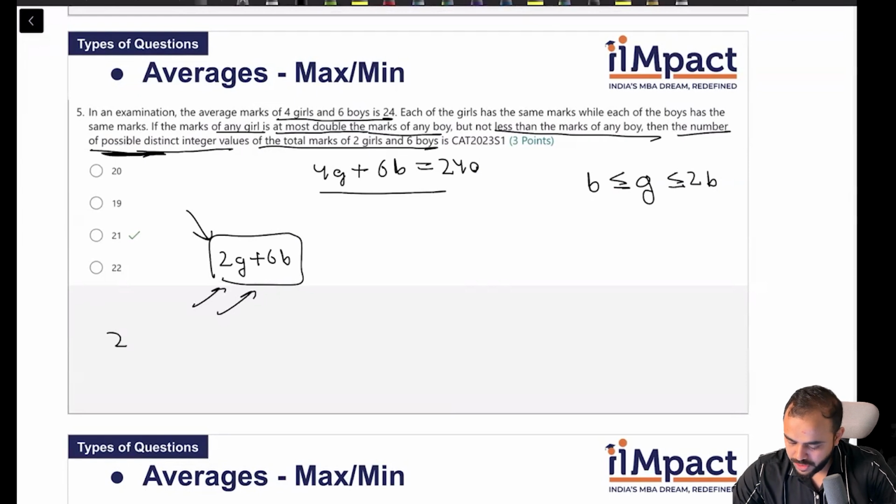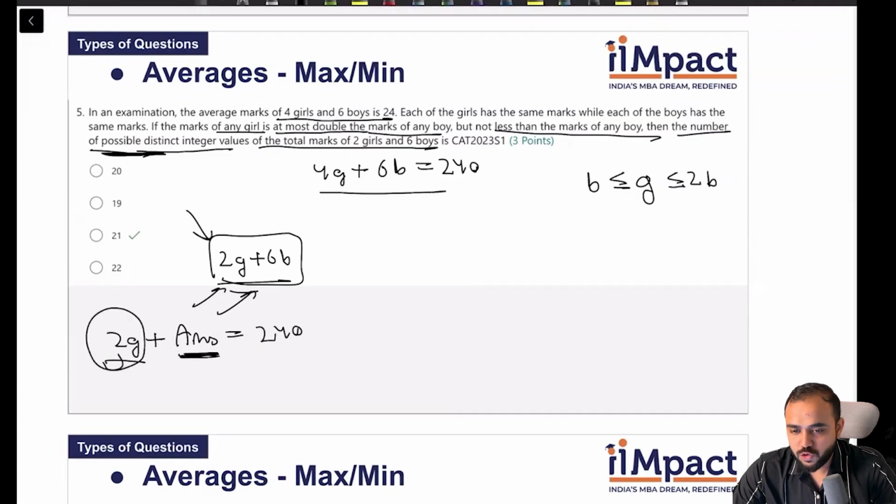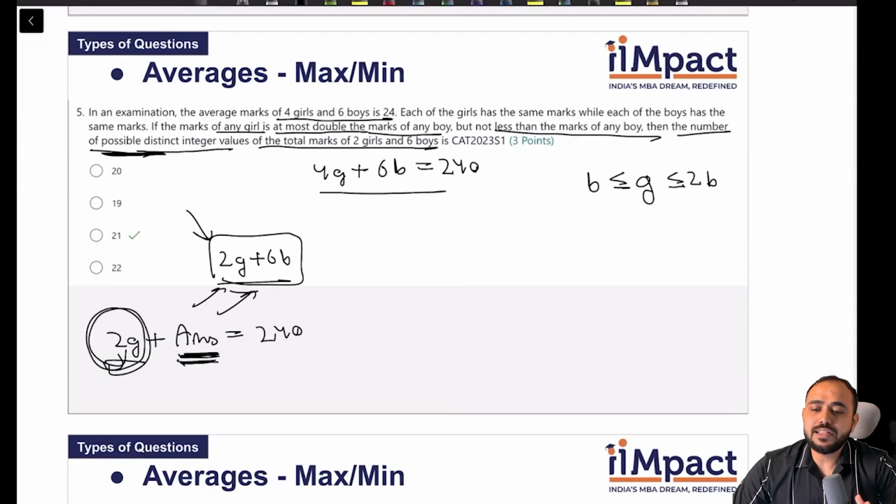Can I say 2G plus whatever my answer is, it is fixed to be 240? 2G plus the 2G plus 6B is going to be fixed, which means if I want to maximize my answer, I have to minimize 2G. If I want to minimize my answer, I have to maximize 2G. So I have to technically find the range of 2G, right? And how do I find that?